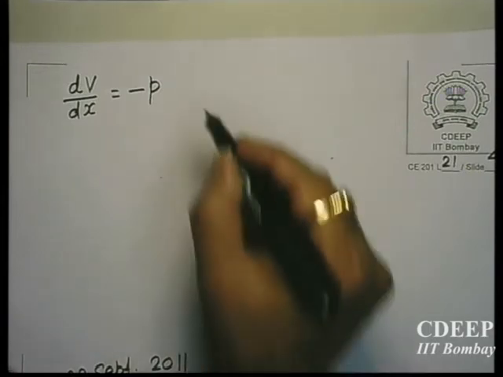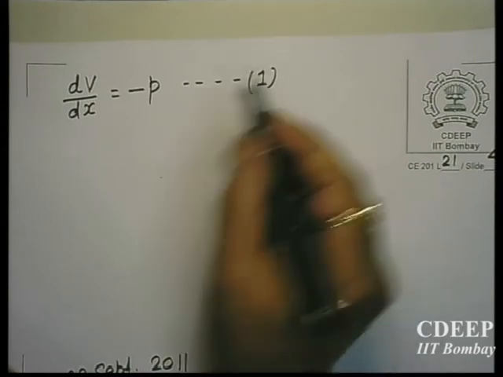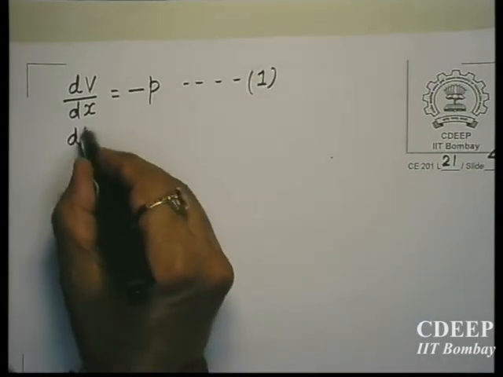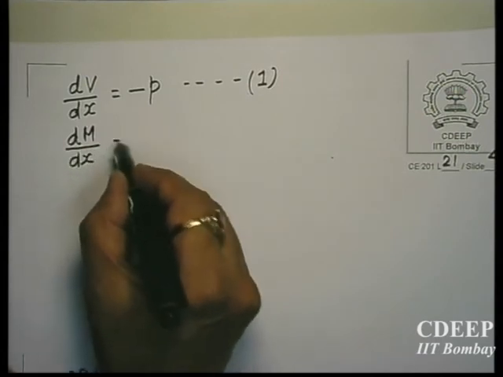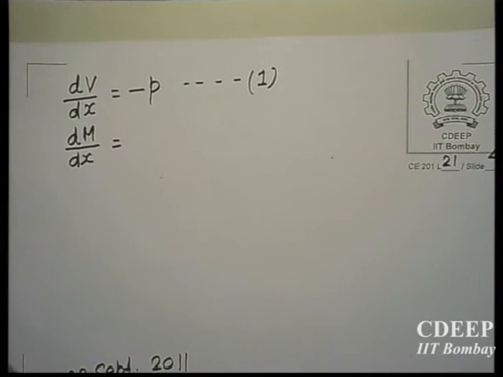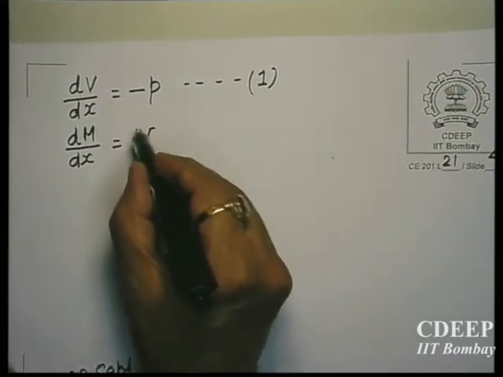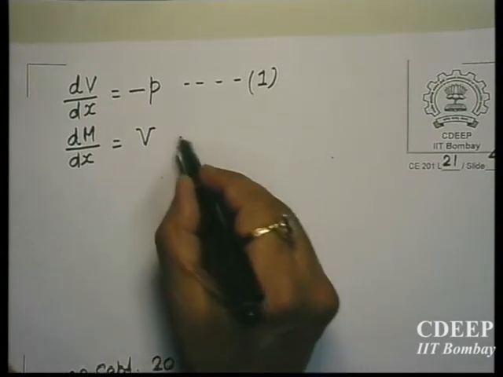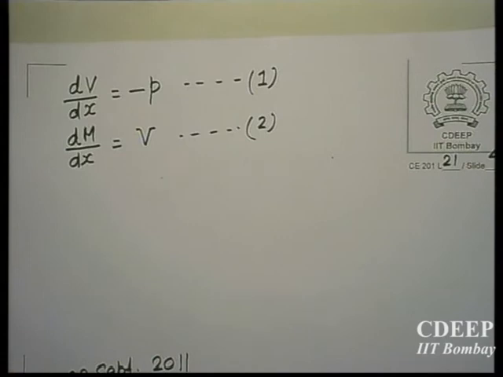So, this is one, and then the second one is dM by dx equal to V, which we have just derived: the rate of change of moment is equal to the shear force at that section.